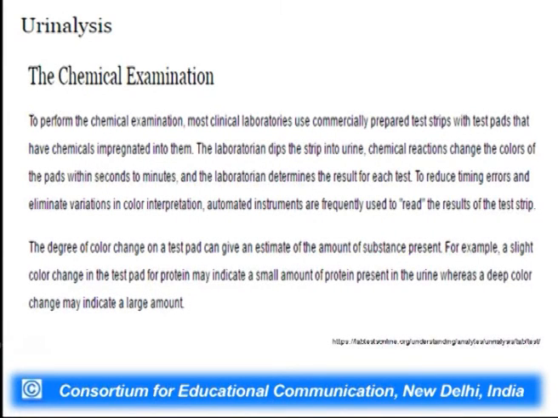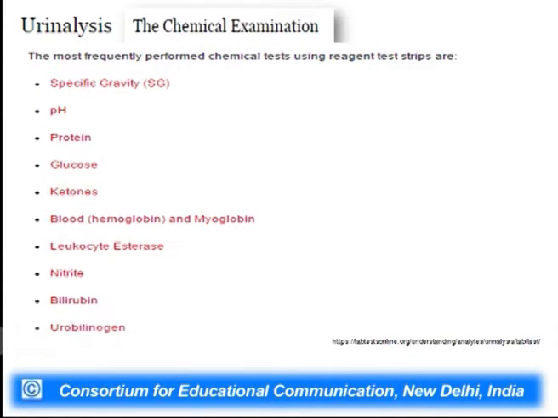Now we go into the next one, which is called chemical analysis, in which chemical tests are done and they substantiate what kind of readings the person has.